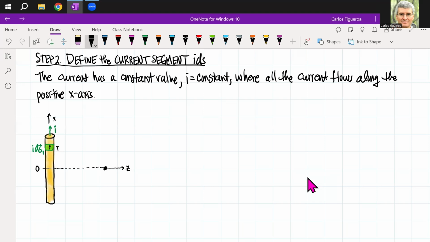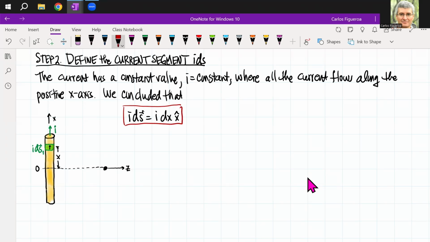We see that this is located at x, and all that current element is located at that little tiny ds value. So we conclude here that I ds, well, that is a constant, so it has to be located all at dx in the x direction. That's what the current element looks like.